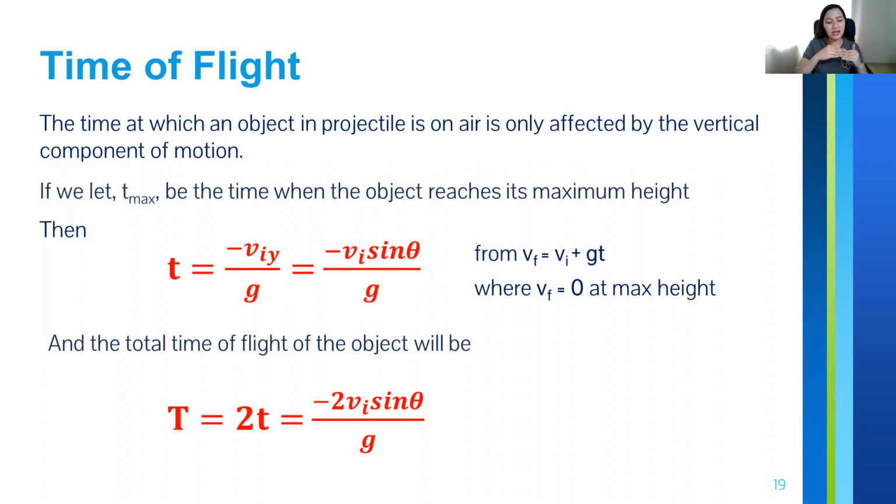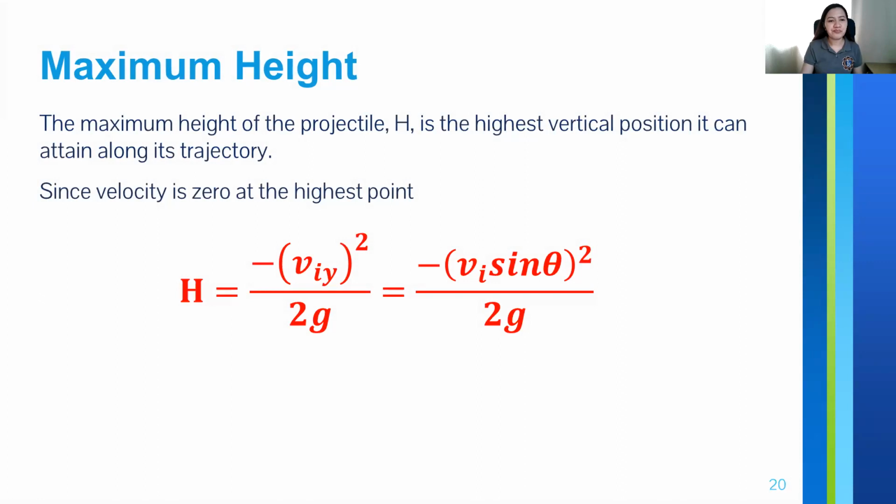So if you're able to compute the time it would take for the object from the launch to reach its maximum height, you can just multiply that by 2 and then you will be able to get the total time of flight. Again, the total time of flight would be the time from when the object was launched to the time that it goes back to the original level kung asa siya gi-launch. That's total time of flight.